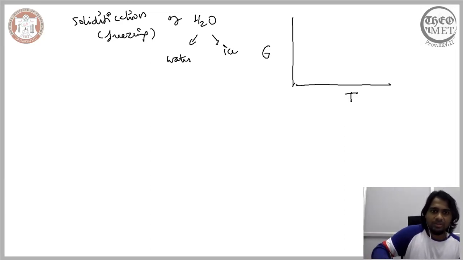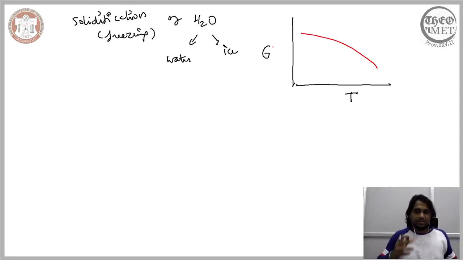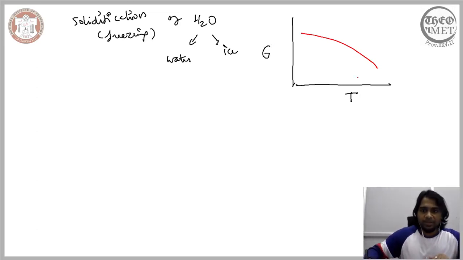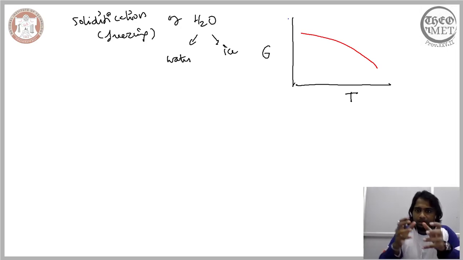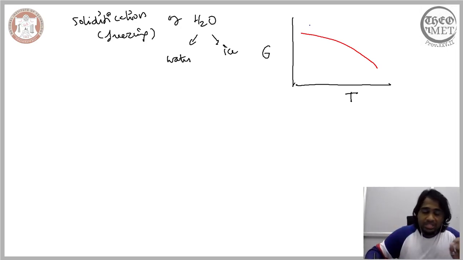So if we express the solid curve, the curve that represents the change in the Gibbs free energy of the ice cube with respect to temperature, in red, the Gibbs free energy of the liquid water with respect to temperature, we can represent in blue.